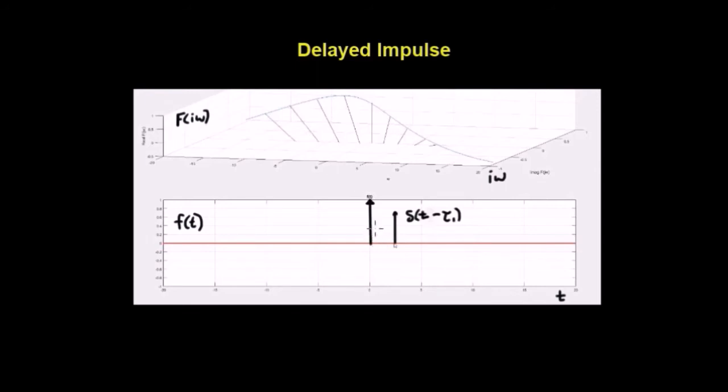Now, delaying that impulse has the effect of adding linear phase onto the frequency domain equivalent. If we think about this straight line as being made up of an infinite number of little phasors, then whenever we shift a function in the time domain, these phasors start to rotate, and you can see the rotation of these phasors here.